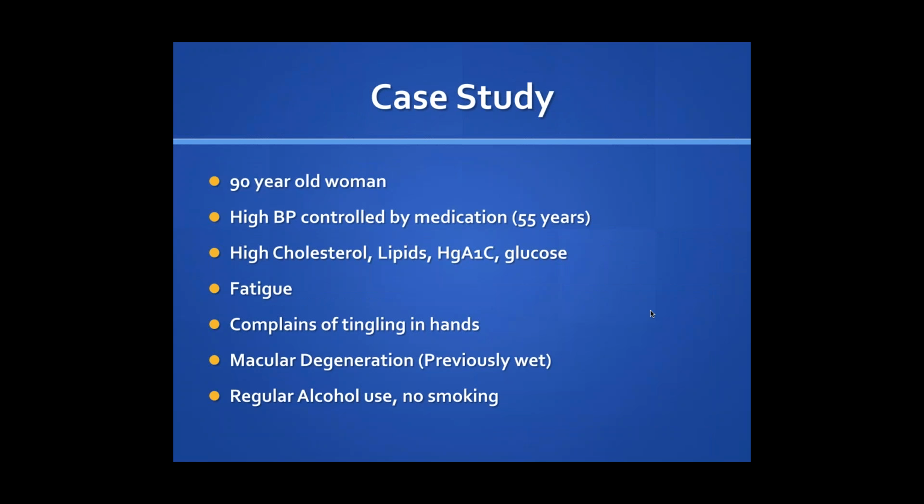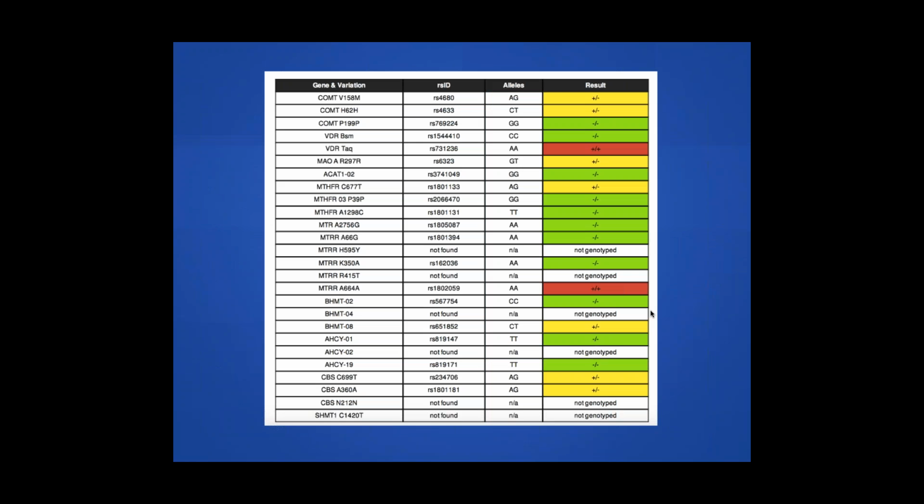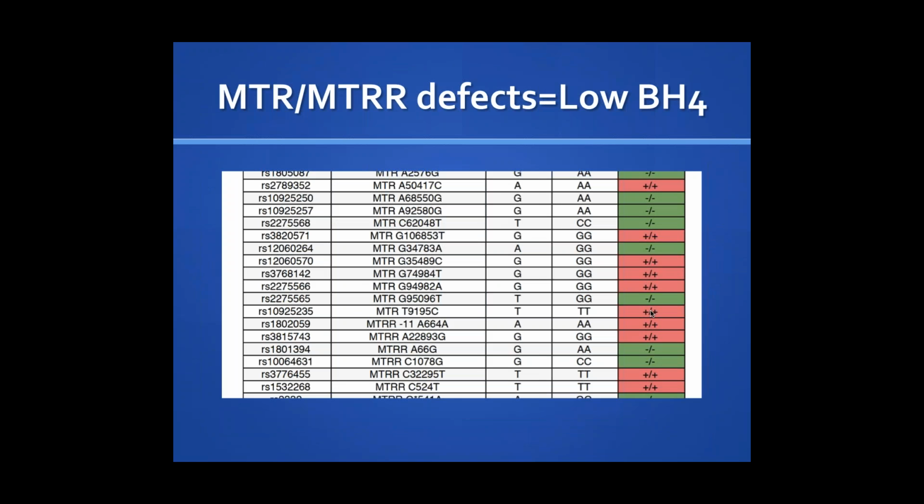And this is again my mother, whom I told you a little bit about. She had BDR, MTR genes, nothing major in her genetic genie, but she did have all these MTRRs, which keep her from making BH4. So it's low B12 and low folic acid, the primary methylation generators that make BH4.